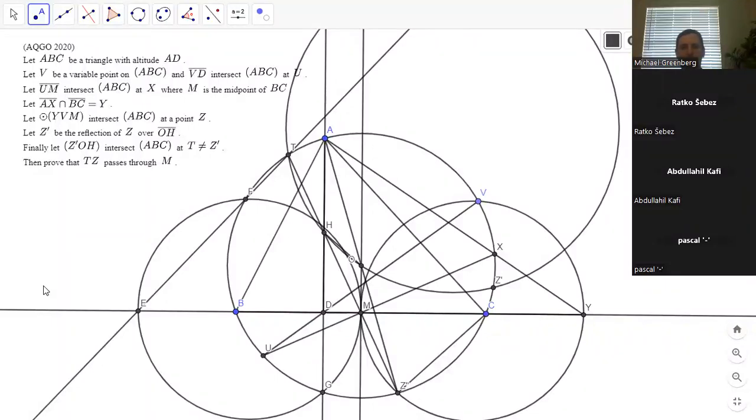Although maybe it would help. So if we want to show this as cyclic, and H doesn't lie on the circle.